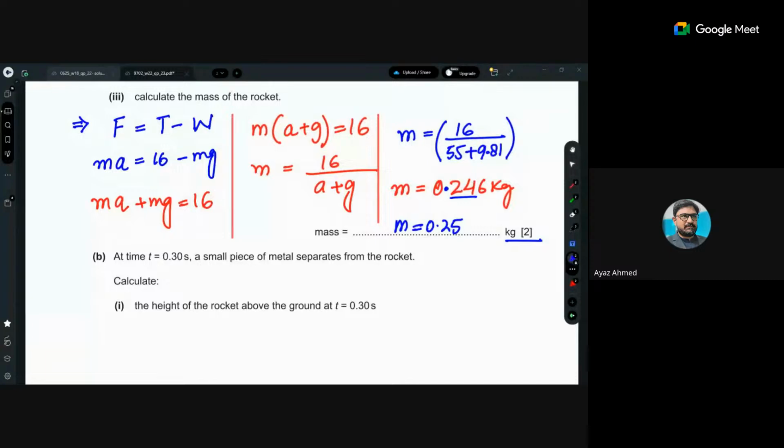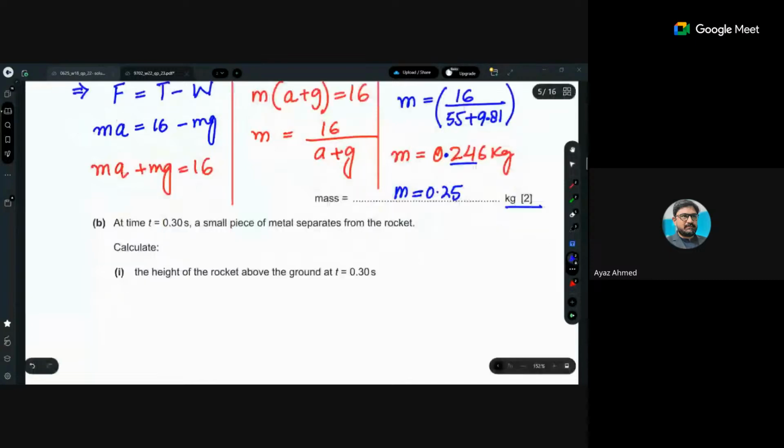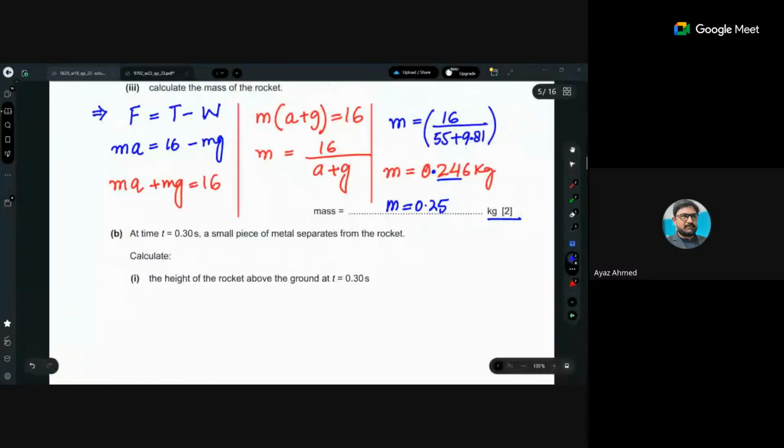Question मुश्किल नहीं है, just it will take time, आपको समझ आ जाएगा.